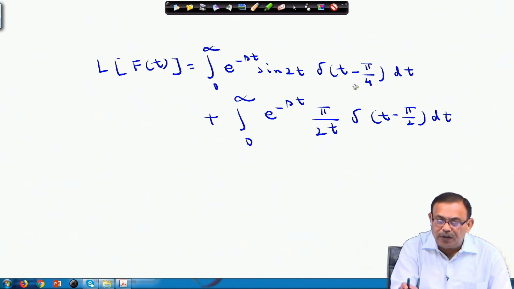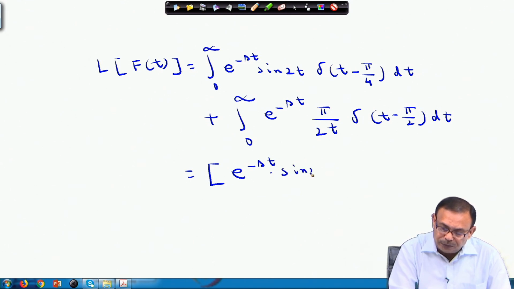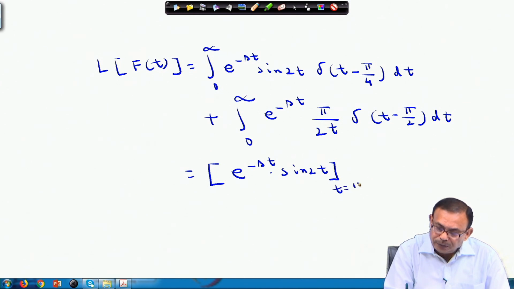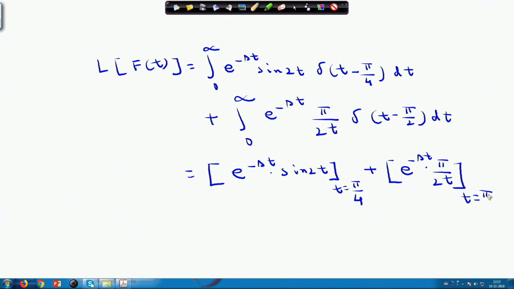And if I evaluate this, I know the value of these two functions separately. This will be e^(-st) into sin 2t at t equals pi by 4, plus e^(-st) into pi by 2 t, where t will be at pi by 2.